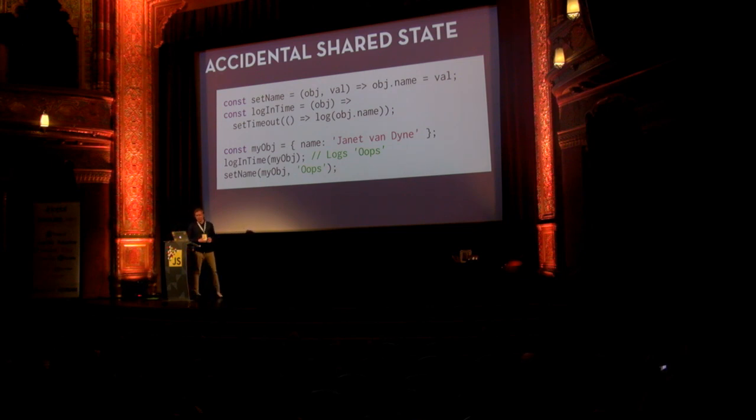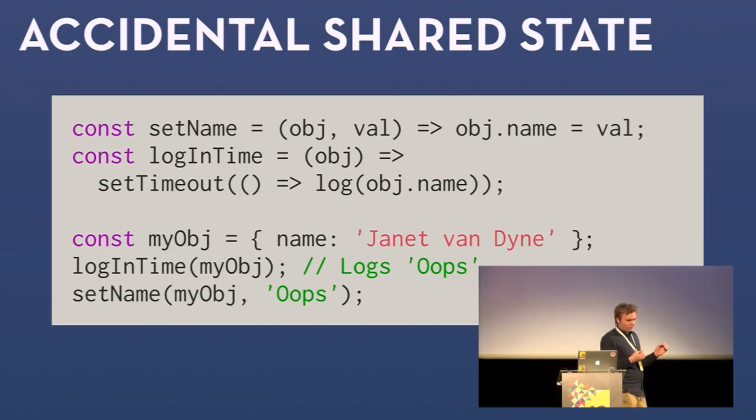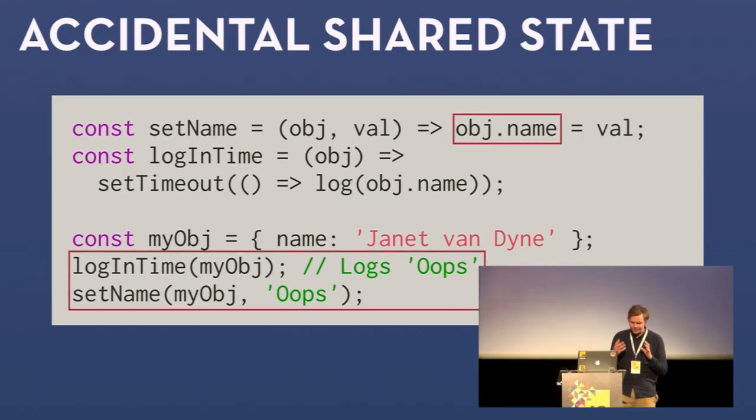JavaScript objects are by default mutable. So this means that if two functions get passed the same object, and that object is changed in some way inside one of the functions, the other function has to live with the consequences of that change. So this is a fairly common side effect, and it's fairly common to have these sorts of bugs in larger systems.